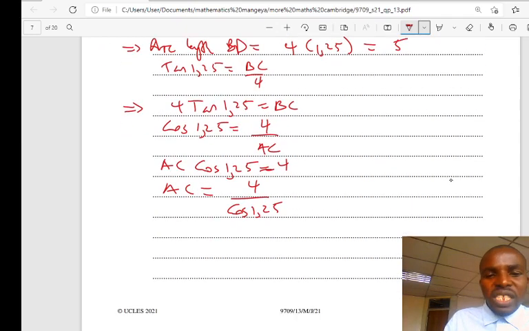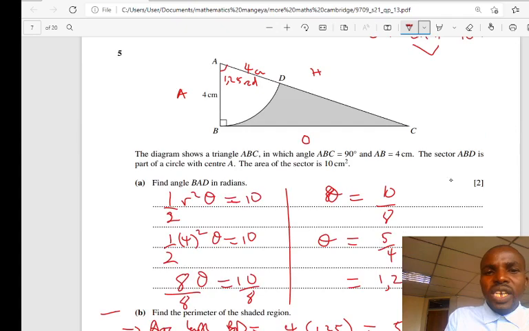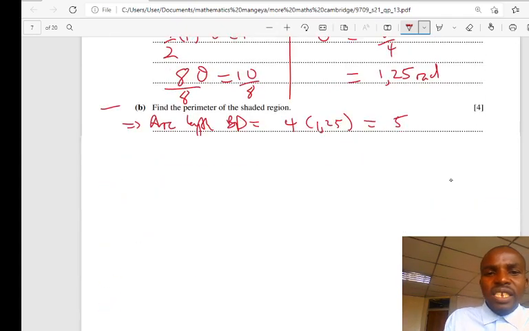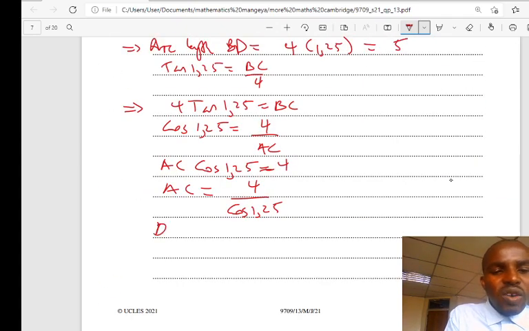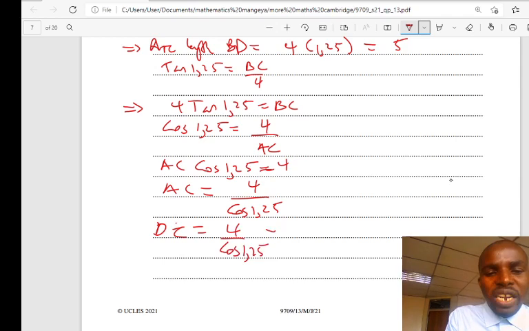Which means from this, your AC, it was DC. DC is equal to 4 over cos 1.25 minus 4. That will be your DC. Then after that, you just add everything now.